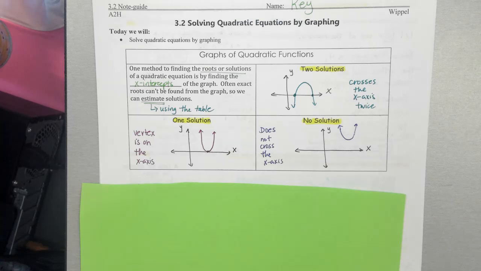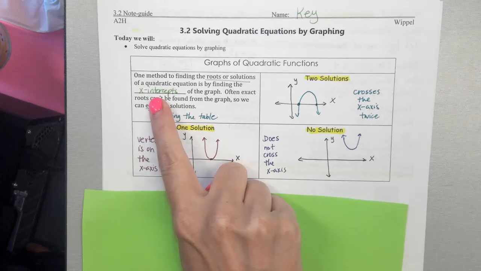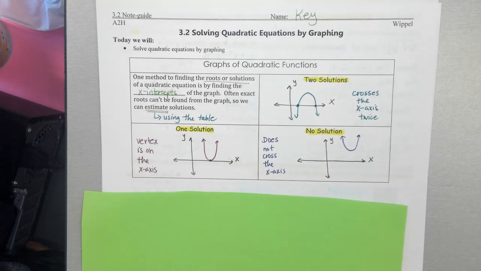Okay, so in 3.2, we are going to have some similar steps to what we had in 3.1. When you are finding roots or solutions, you are going to be finding the x-intercept. We also did that in the last chapter with linear functions.